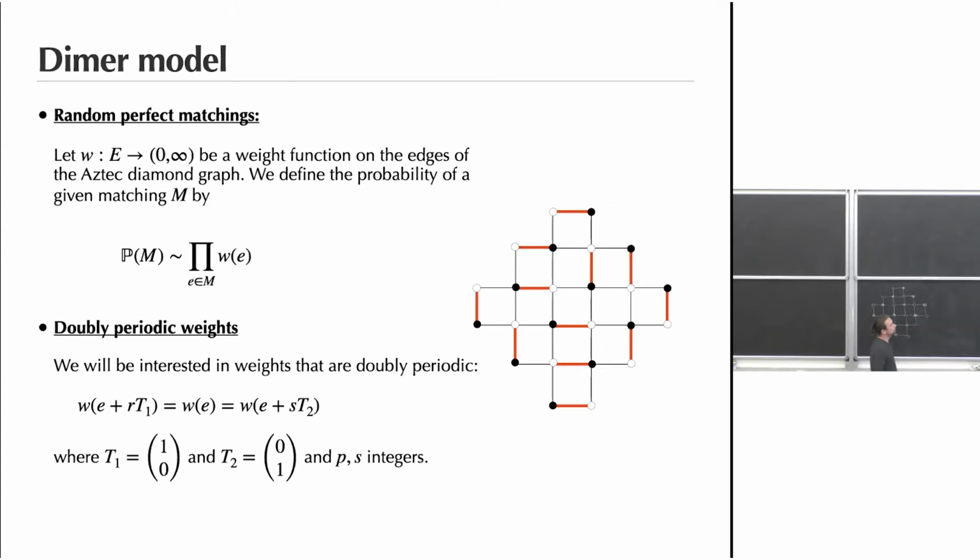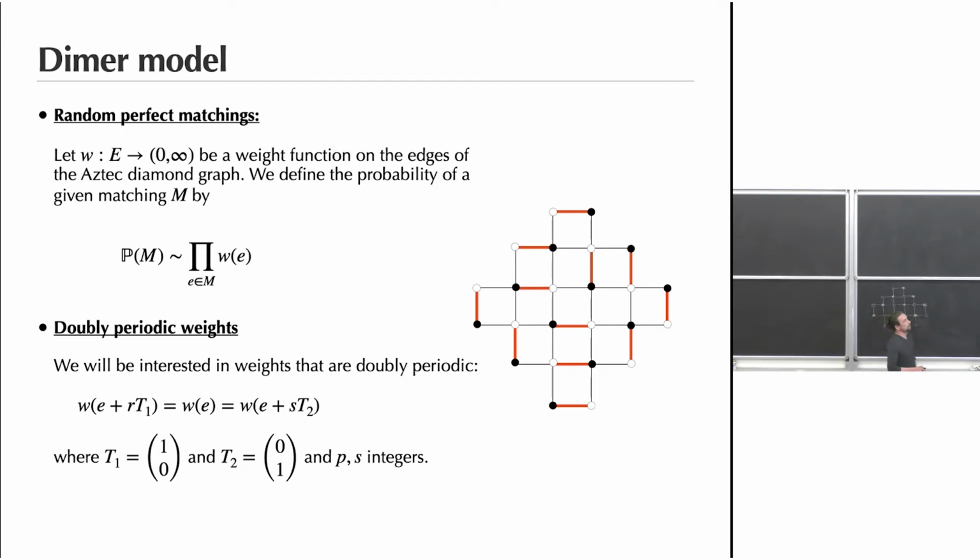Okay, so this is what we'll do. A two-periodic model is then a probability measure on all perfect matchings of that bipartite graph, constructed as follows. The probability of having a particular matching is proportional to the product of some weight function defined on the edges of the graph: you take all the edges that are in the matching, and take the product over all these weights.